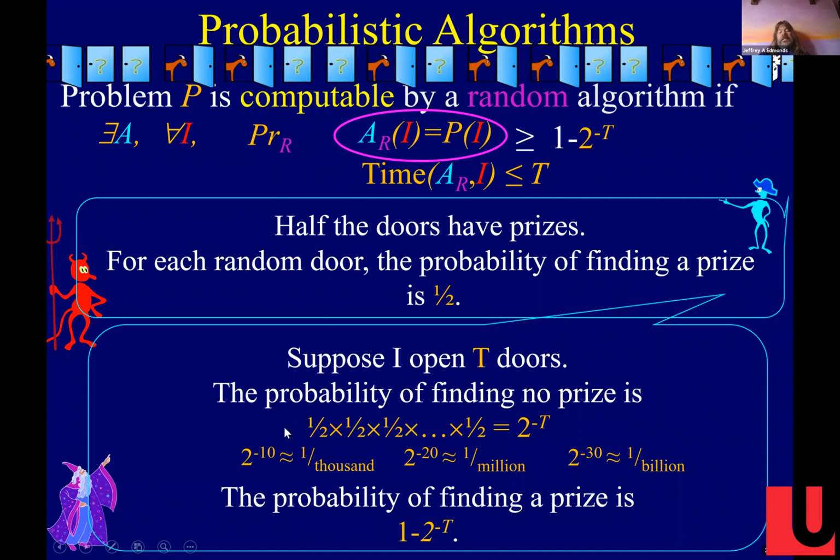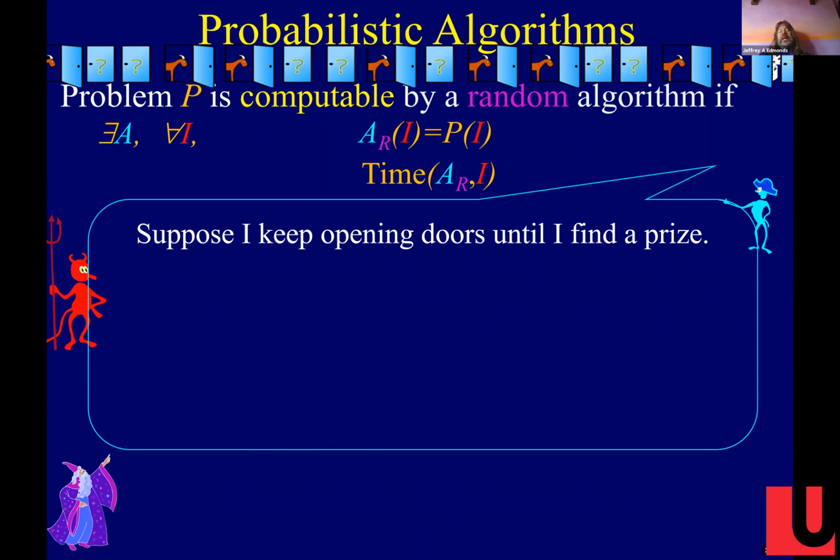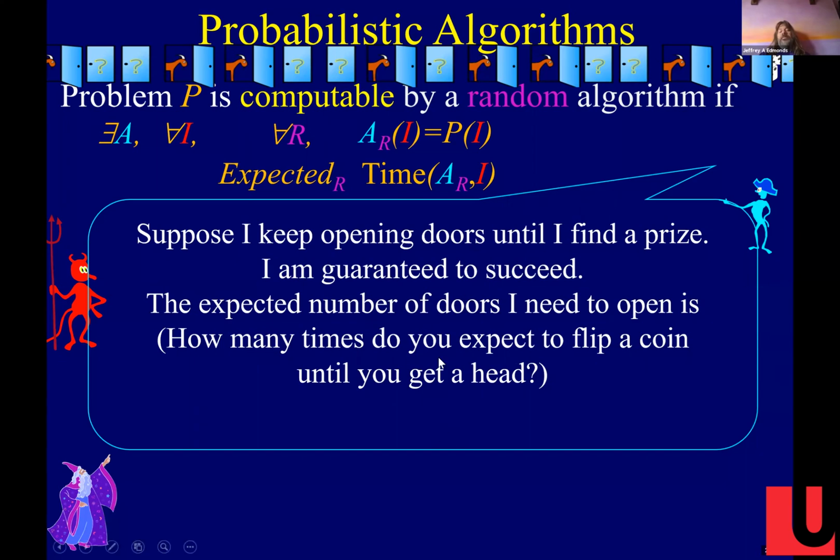Then the probability that we find a prize is 1 minus 1,000th. But in this one, we keep opening doors until we find a prize. So for every coin flips, we are going to find a prize, even if it means we open up half the doors. But our expected running time is 2.